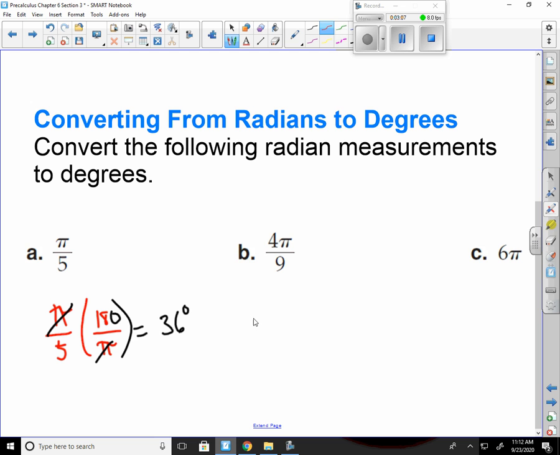Part B, do the same thing. So 4 pi over 9 times 180 over pi. Pi's cancel out. 180 divided by 9 gives me 20. 4 times 20 is 80 degrees. Next, 6 pi times 180 over pi.